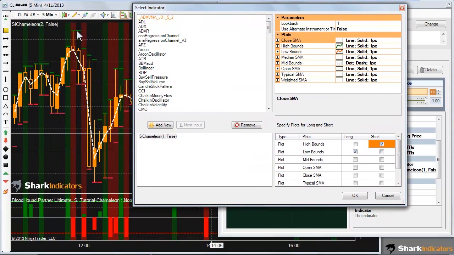Right, so I'm comparing the closing price over here to the high price to get shorts. So I have the high price plot set to short. And then down here I'm comparing the closing price to the low for long signals.